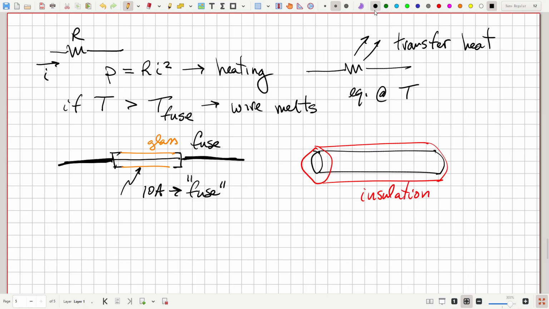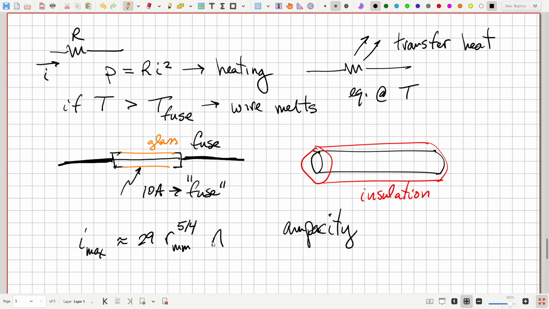And the temperature at which that insulation gets damaged is what really defines how hot you want to let the wire get. And this leads to the idea of ampacity, which usually is determined experimentally, but there's a pretty good formula for it, and that is that the maximum current is about 29 times the radius in millimeters to the 5/4 power.